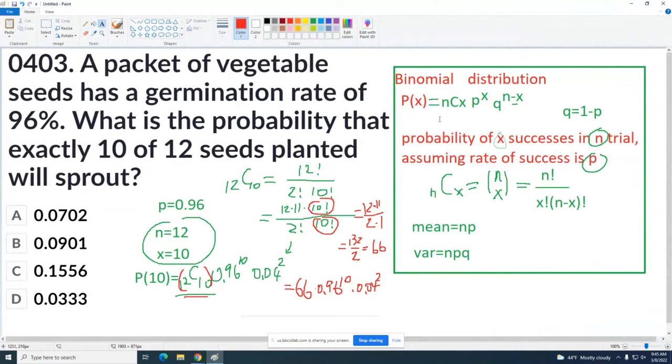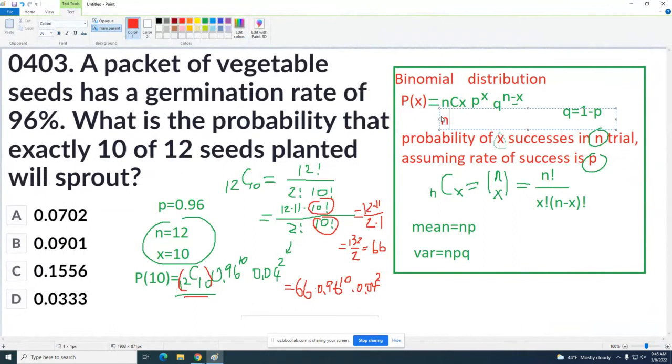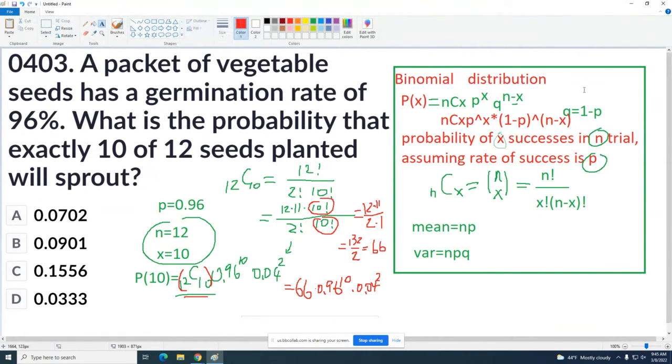In the Newton version, it actually went nCx and then p to the power x times 1 minus p to the power of n minus x. I think that's what was presented on the homework. It's all figured out.